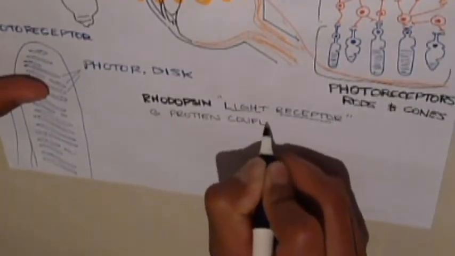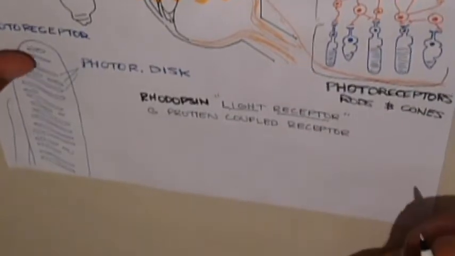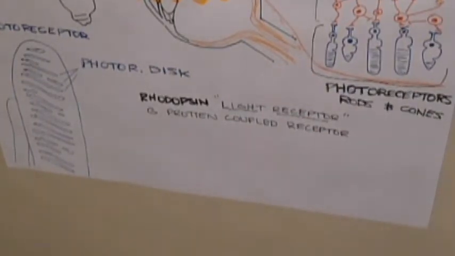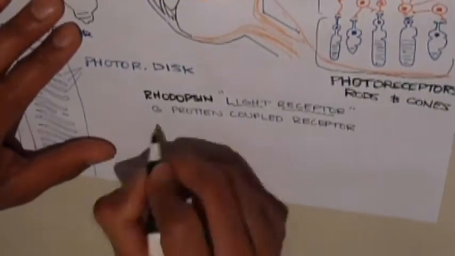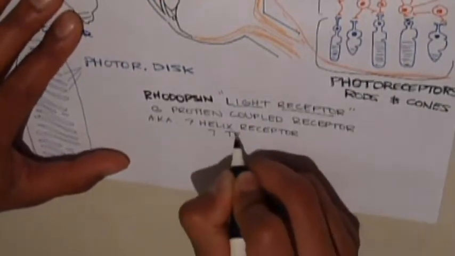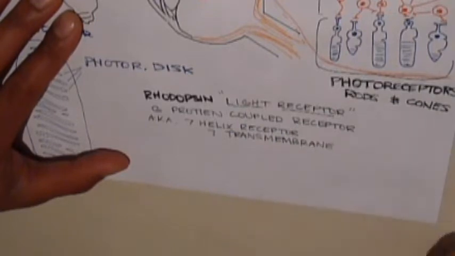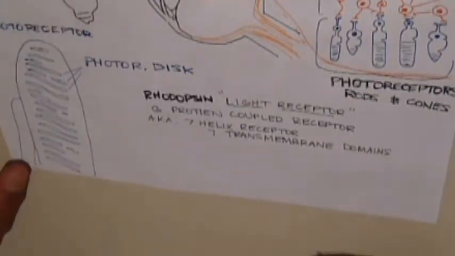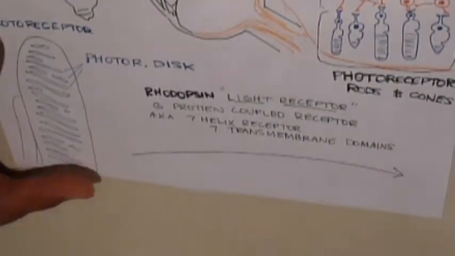They are special because they have 7 transmembrane domains, and they couple with a G protein, which has a couple of other functions that we're going to discuss later on in the video. But right now you just need to know 7 helix receptors, 7 transmembrane domains.